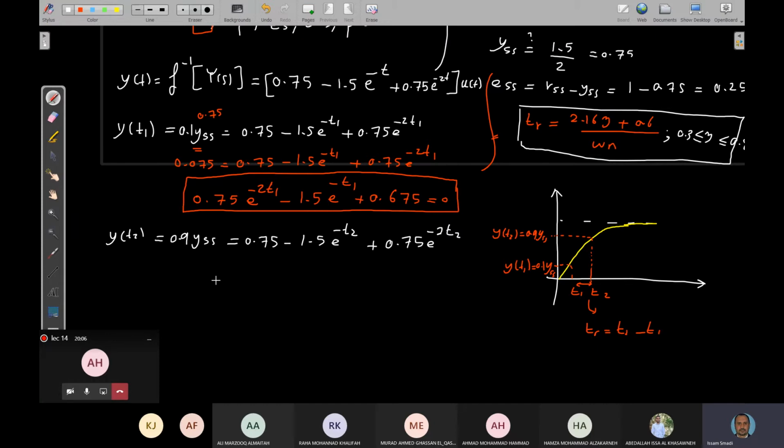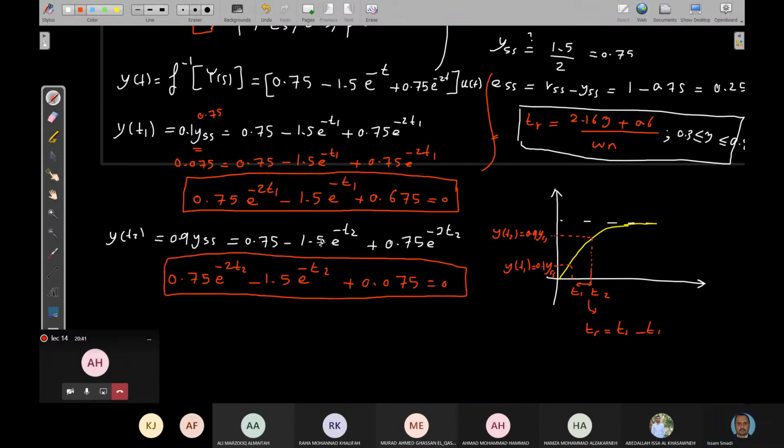Now, if I evaluate, in this case, I will have 0.75 exponential of minus 2T2, it's T2 now, then I'm having minus 1.5 exponential of minus T2 and plus 0.075 equal to 0. And this is the second equation that I need to solve in order to find T2. Now, question, how can I solve the first equation and the second equation?